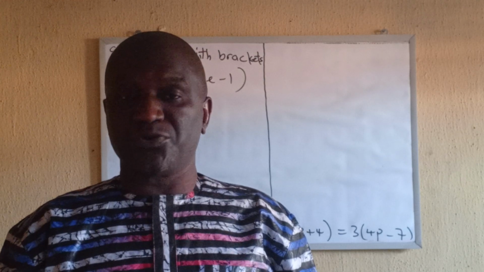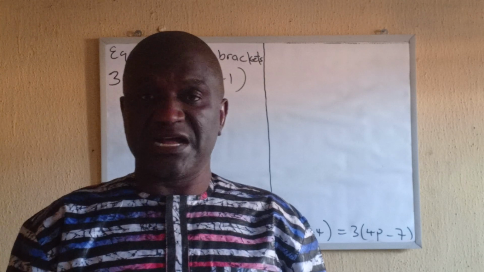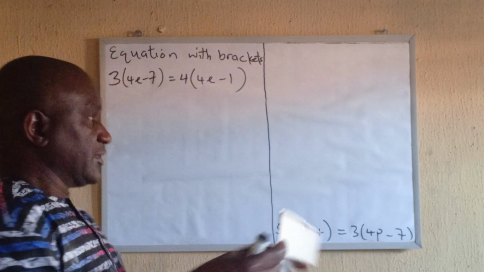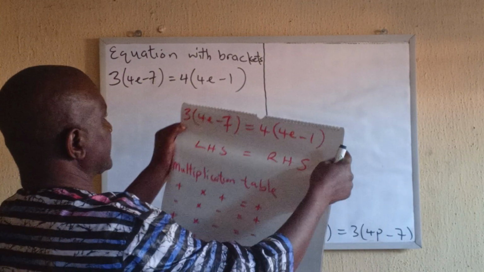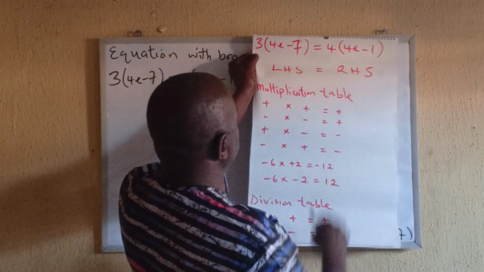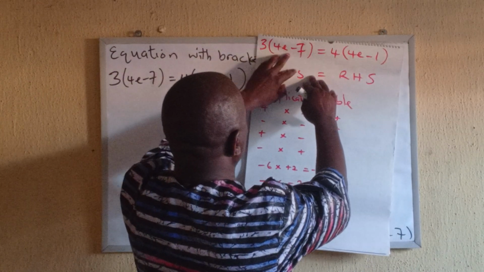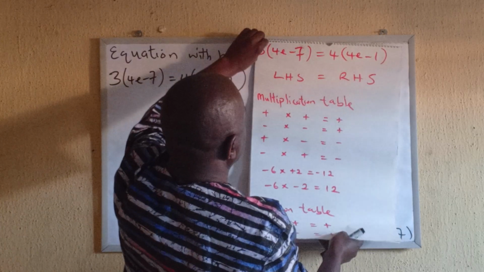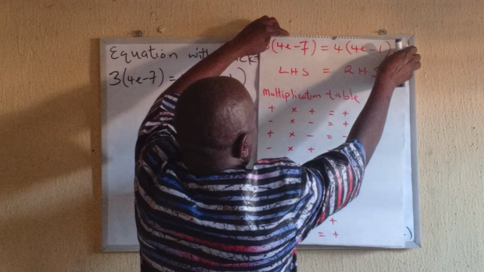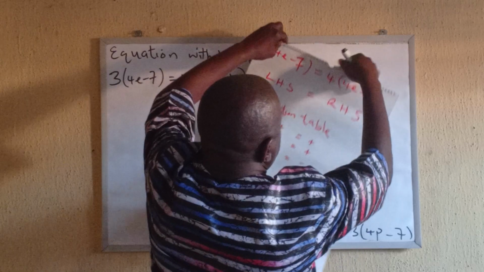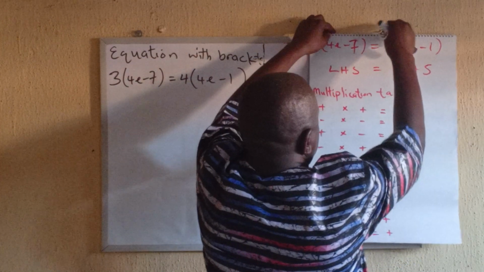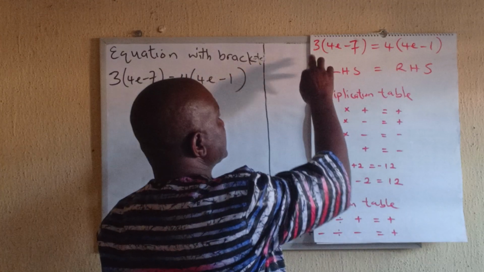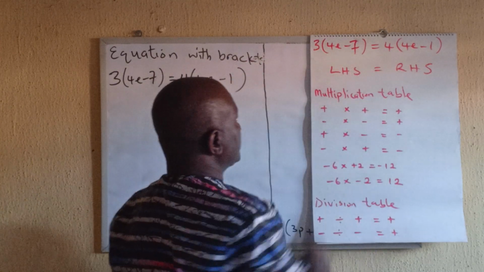Now, today we are looking at how to solve an equation with brackets. And we have an equation here that I want to solve. So if you look at it here, this is the equation we want to solve today.